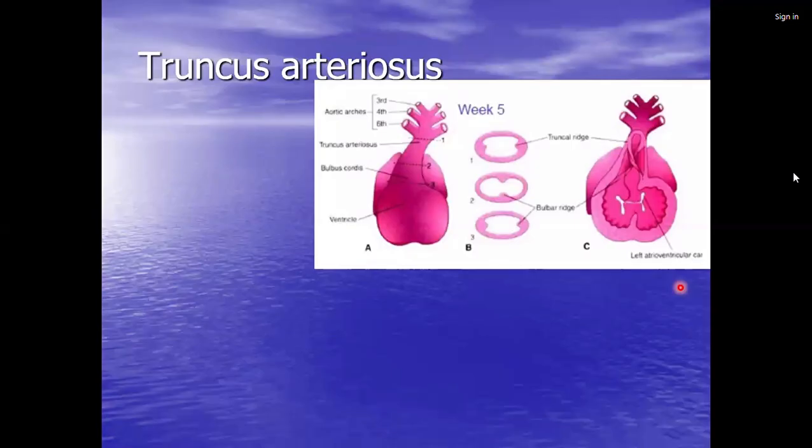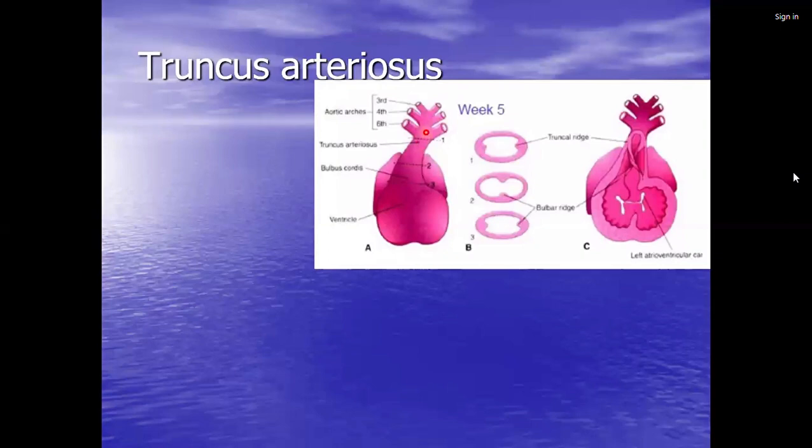What about the outflow tract? We have the outflow tract, which is truncus arteriosus. The outflow tract, to remember, is going to be connected to the aortic arches. We have the aorta, the aortic arches. It's also going to the pulmonary artery.